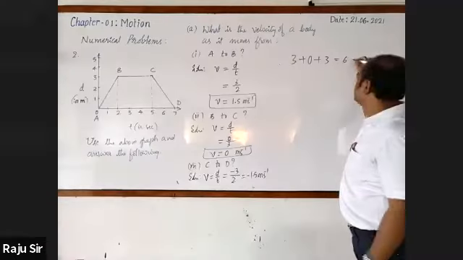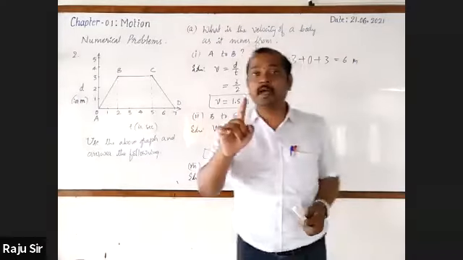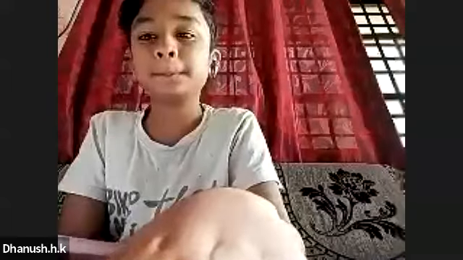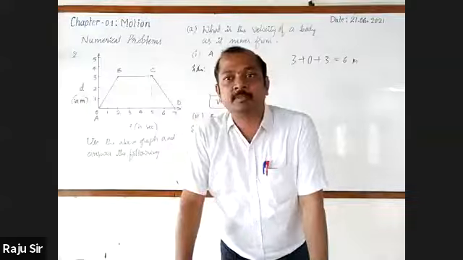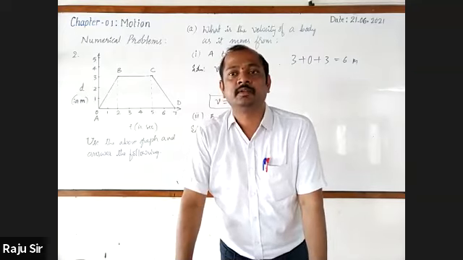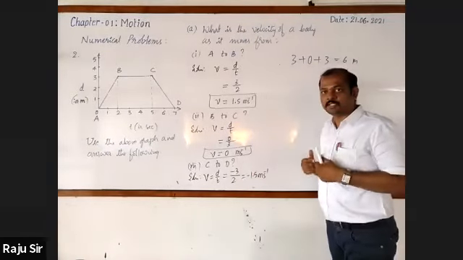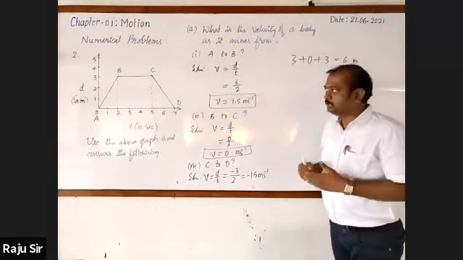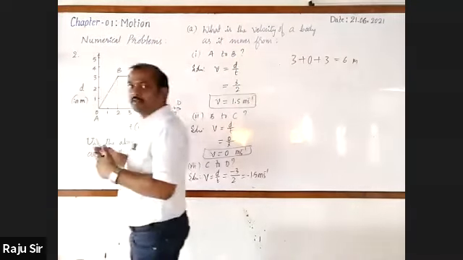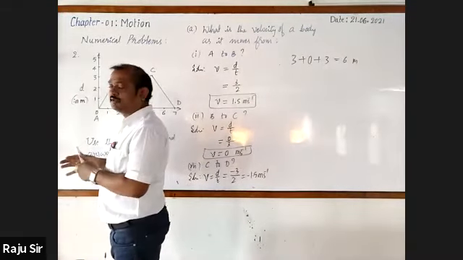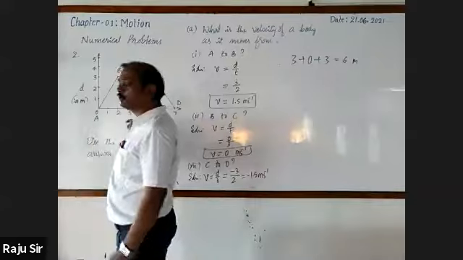It is 6 meters. If I ask you, what is the displacement? Zero. Why? First, I'm standing here. According to this, in 2 seconds, I have covered 3 meters. Next, I'll be at rest from 2 to 5 seconds.